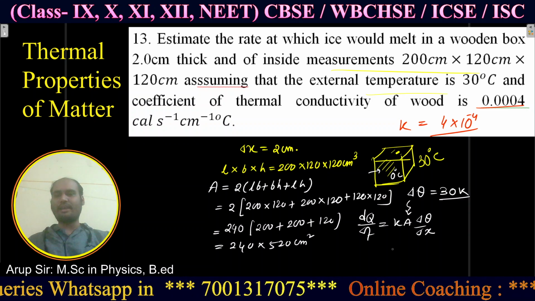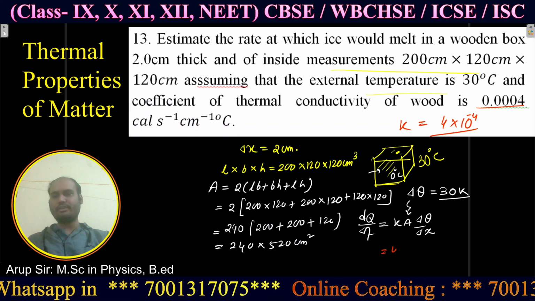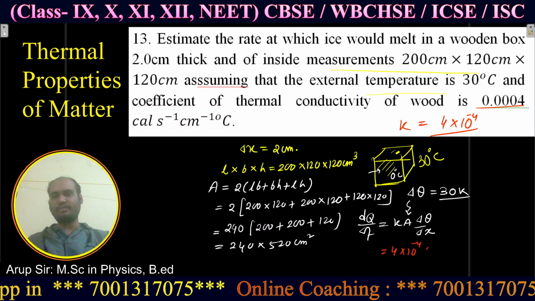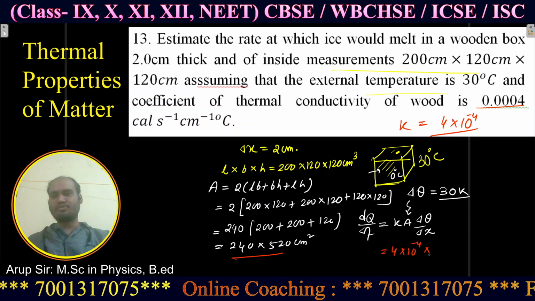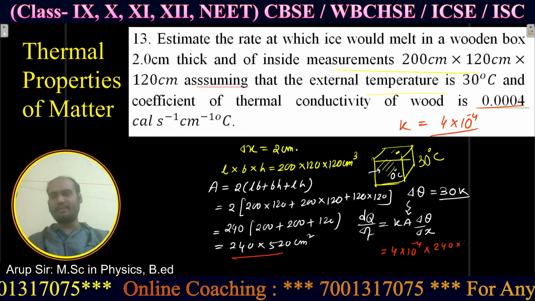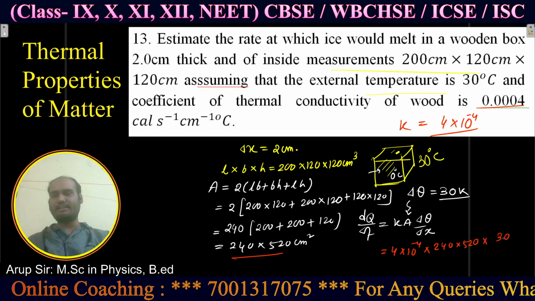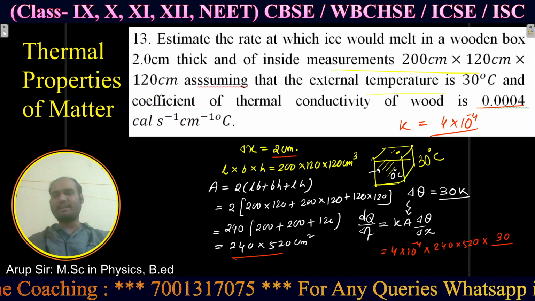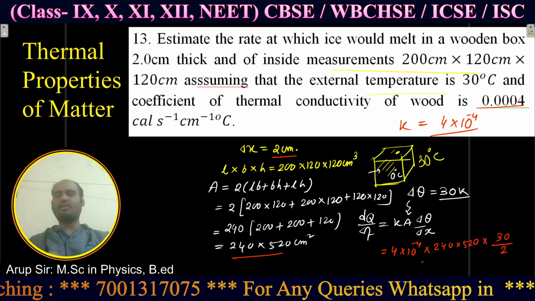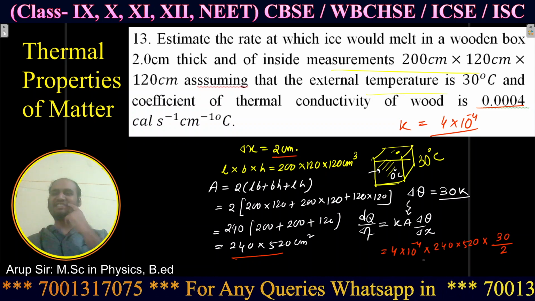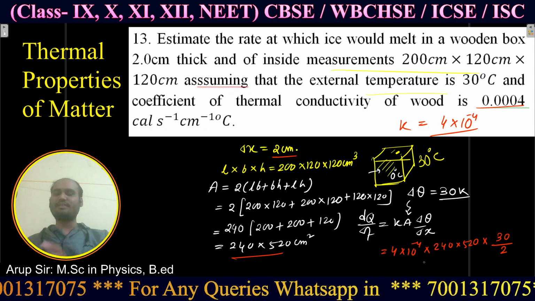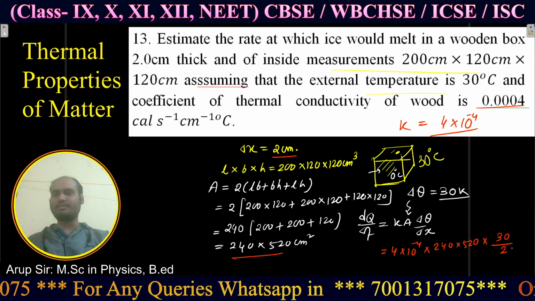Just put all the values: K is 4 into 10 to the power minus 4, A is 240 into 520, delta theta is 30 Kelvin, divided by delta X which is 2 centimeter. I am putting everything in the CGS system, because all information is given in CGS system, so no problem about that.